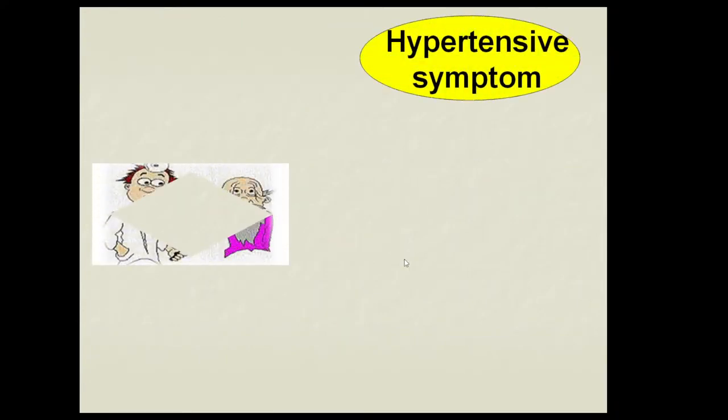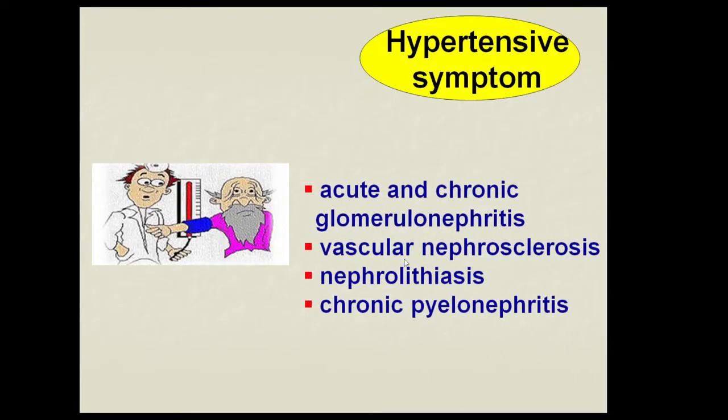Hypertensive syndrome. I said your kidney takes part in regulation of blood pressure due to renin-angiotensin system activity. Hypertensive syndrome, first of all, is characteristic for patients with glomerulonephritis and nephrosclerosis.